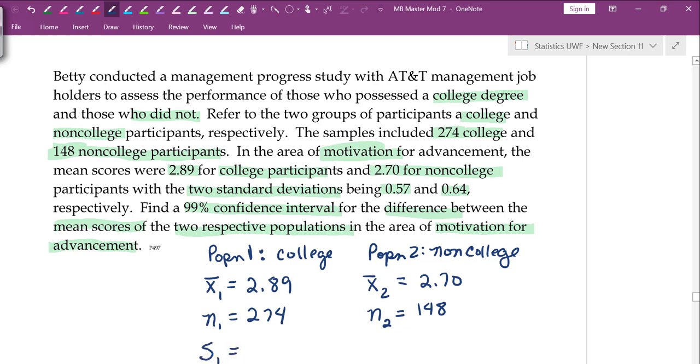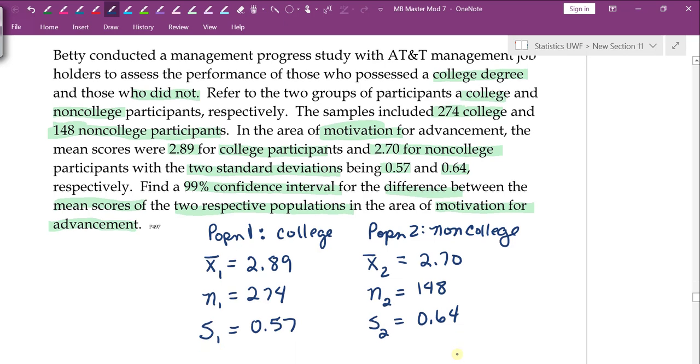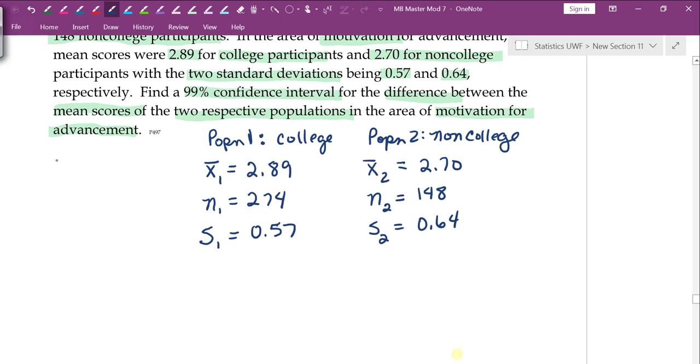We know that our sample standard deviation, S sub 1 for population 1, is equal to 0.57, and we know for population 2 that our standard deviation was 0.64. And we're being told that we need to calculate a 99% confidence interval. Okay, that's what we're being asked.